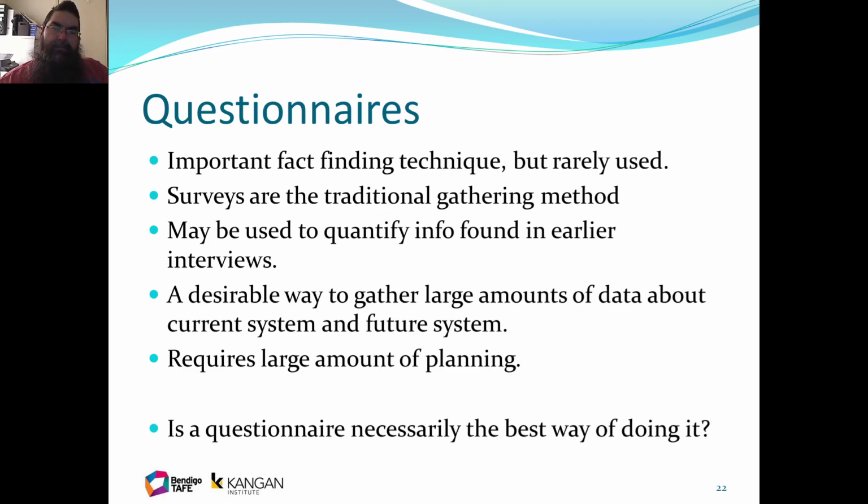Next is questionnaires. Remember, everybody really loves filling out surveys, so you've got to ask yourself if this is the best way of gathering the information. This may be a follow-up to information gathered from interviews, and you tend to want to gather large amounts of data and follow it up.